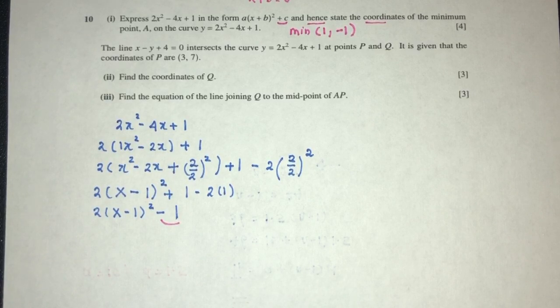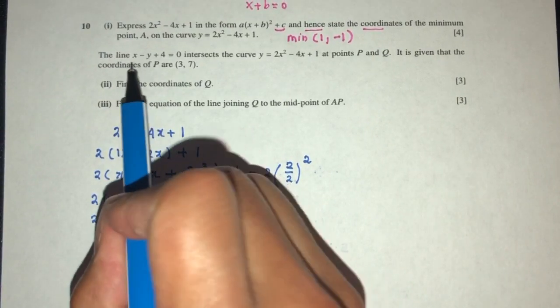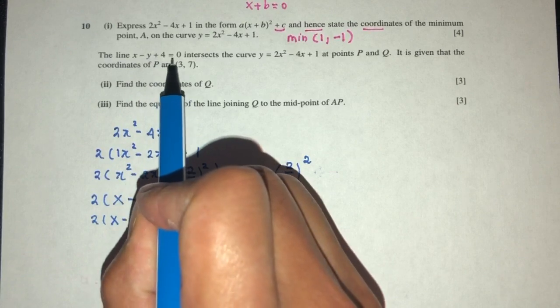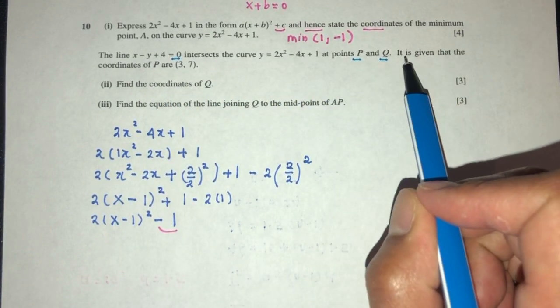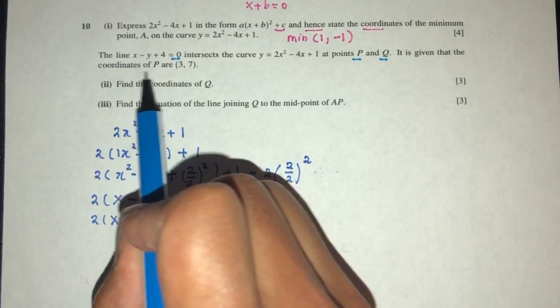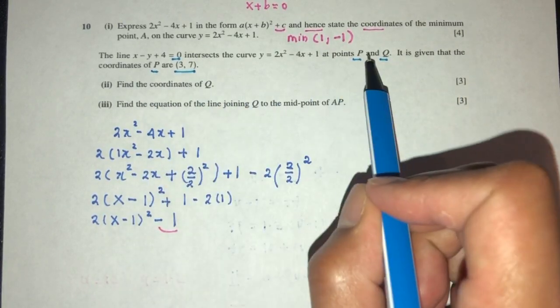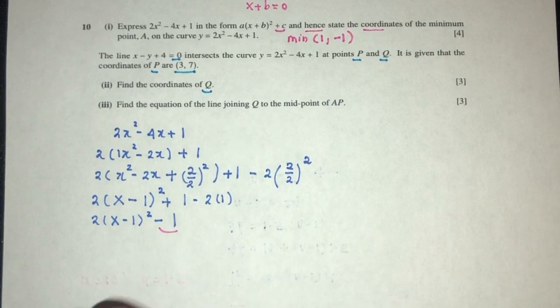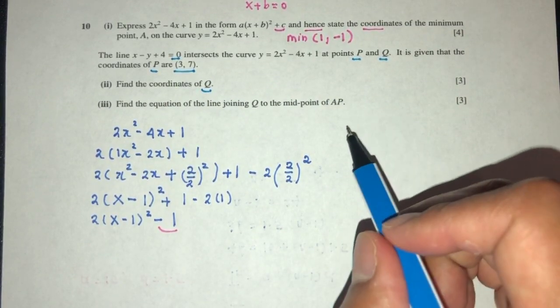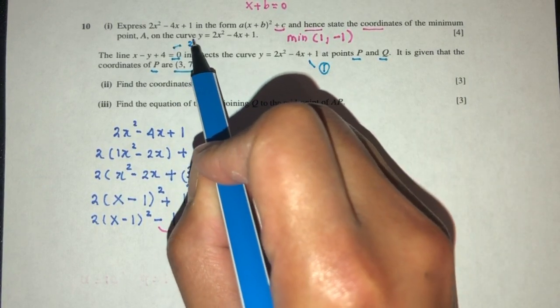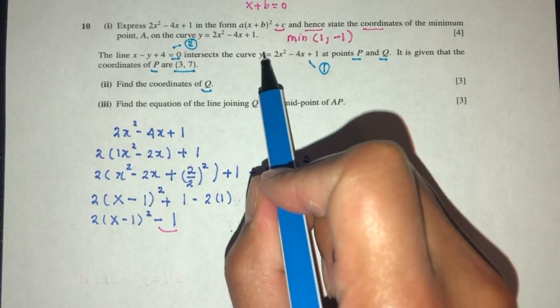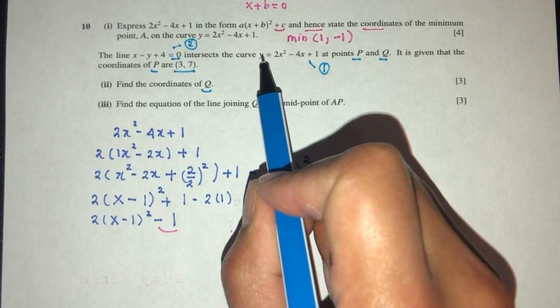Let's move on. The line x minus y plus 4 is equal to 0 intersects the curve at the points P and Q. It is given that the coordinates of P is this. So we have to find Q. Okay, so we have to find the points of intersection. At first, this is my equation number 1, my equation number 2. Here we have y as subject already. Just replace in this one.